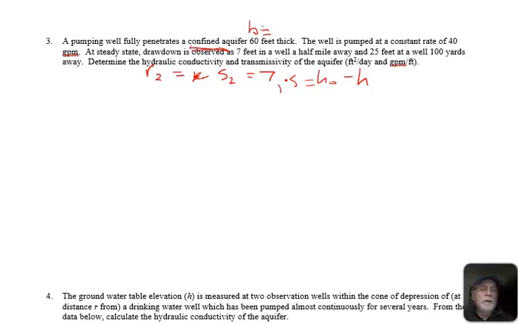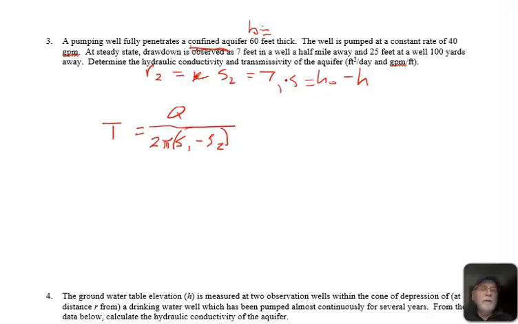So the confined equation, you'll have this in your notes somewhere, we can solve for the transmissivity. It's Q over 2 pi. So we get a 2 pi in this case; we just have 1 pi in the unconfined case. And our heads are not squared, so H2 minus H1 is the same as S1 minus S2. So flip the order there.